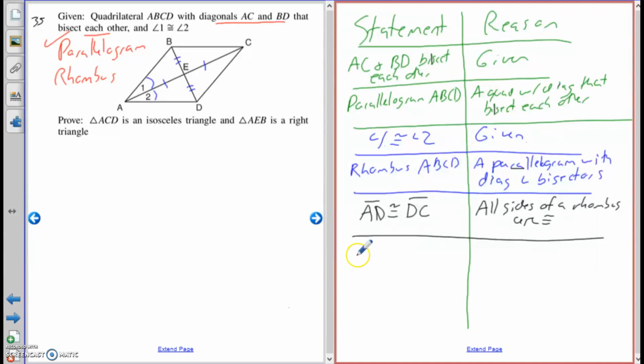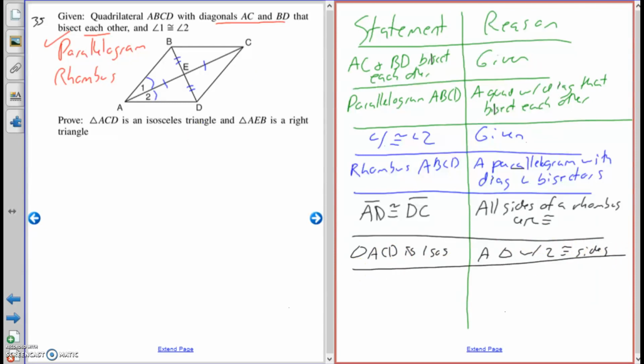And from there you could say triangle ACD is isosceles because it's a triangle with two congruent sides.